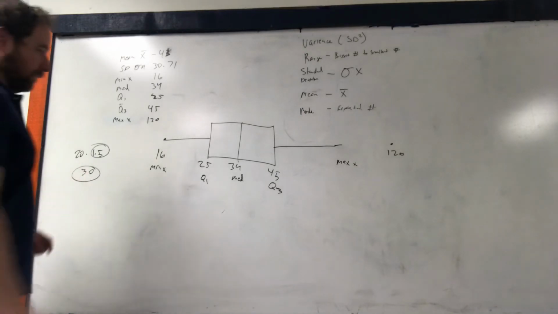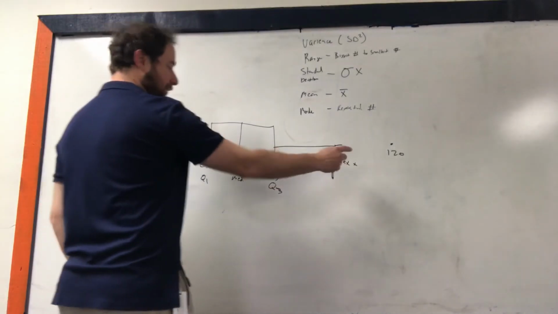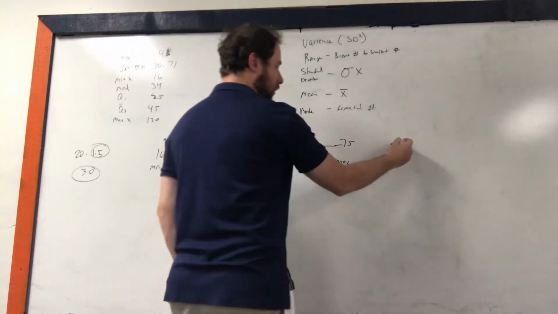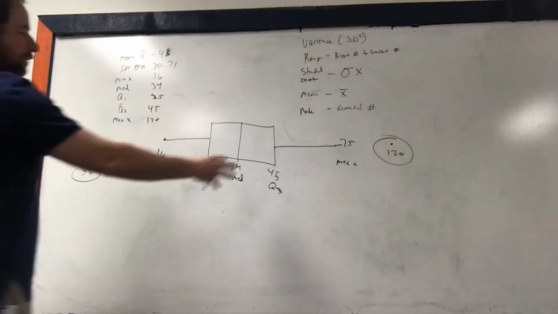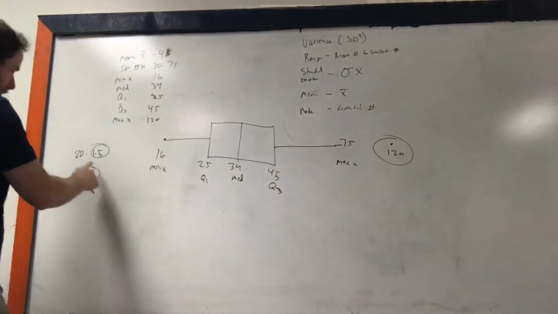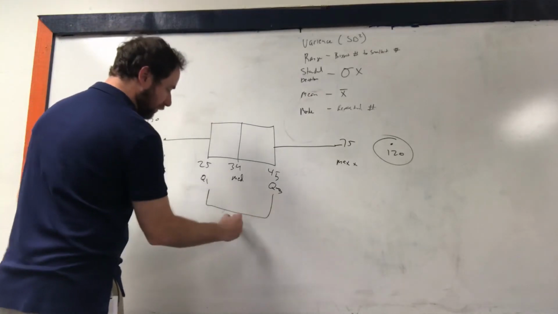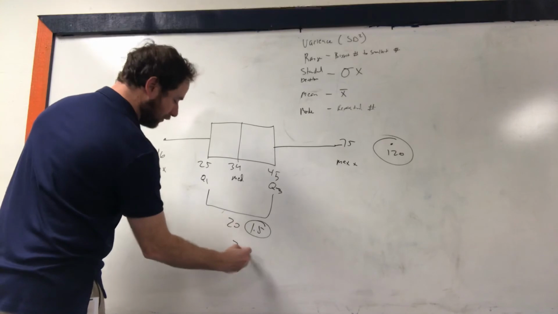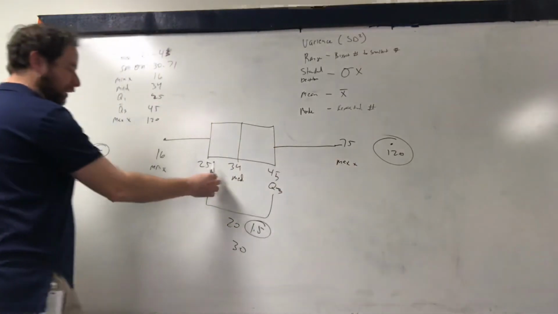So 30, you go from the Q3 and add 30. So 75 is actually our max x. 120 was our max x in the calculator, but it's too far away from our numbers. 30, which is 1.5 times the range of these guys, and 1.5 is a standard, is going to be the number that it can't be farther than either way.